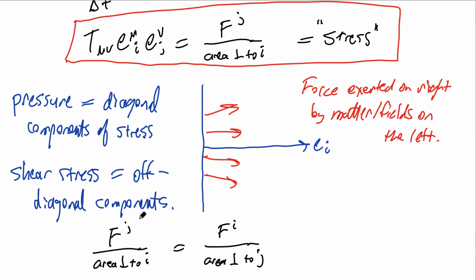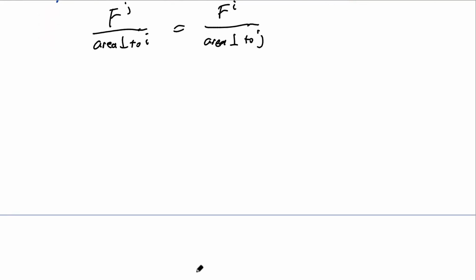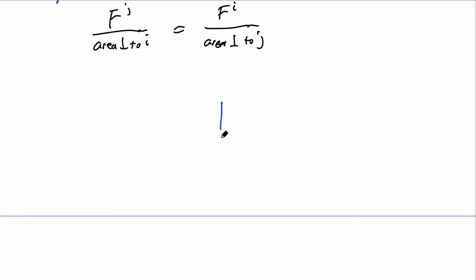Now, this probably isn't obvious to you. I don't think it's obvious to anyone, but there's a standard argument as to why this should be true that's given in lots of textbooks. And the argument goes something like this. Consider a cube, and there are matter fields inside the cube as well as outside. So the matter and fields in the exterior exert forces on the interior of the cube.